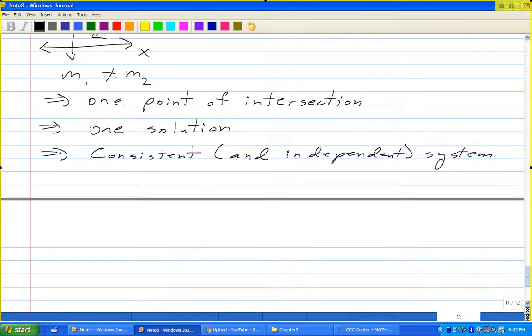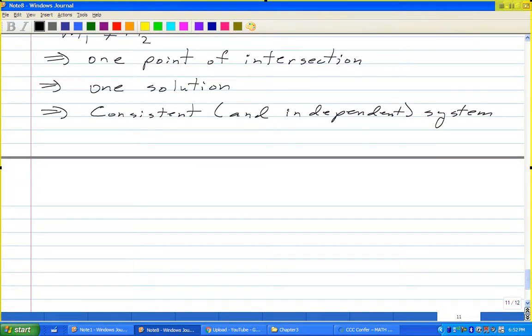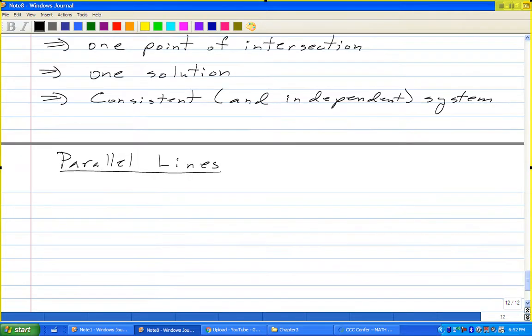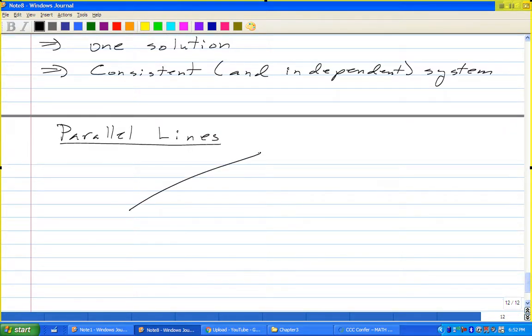Next, suppose I have the case of parallel lines. So suppose I have two lines in the plane such that they never intersect, and suppose that this is relative to some coordinate system. So let's call this L1 and L2.